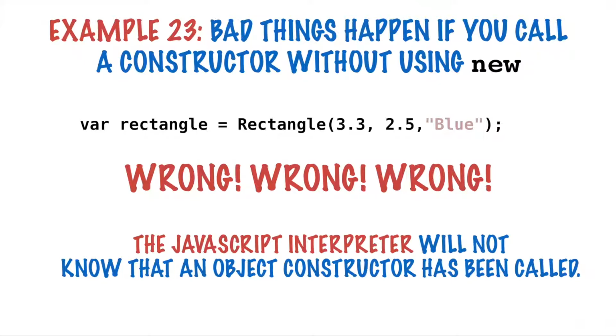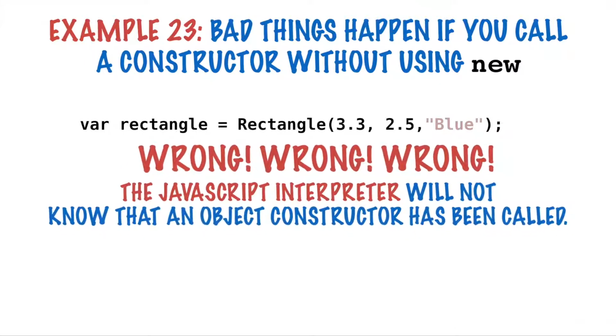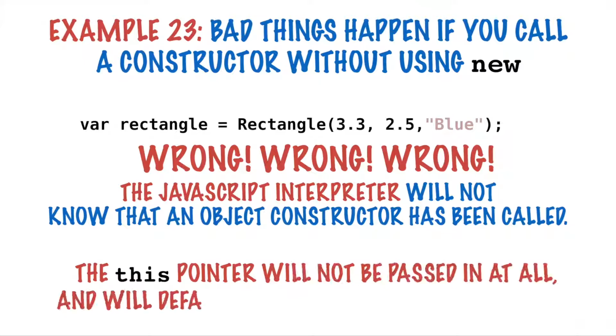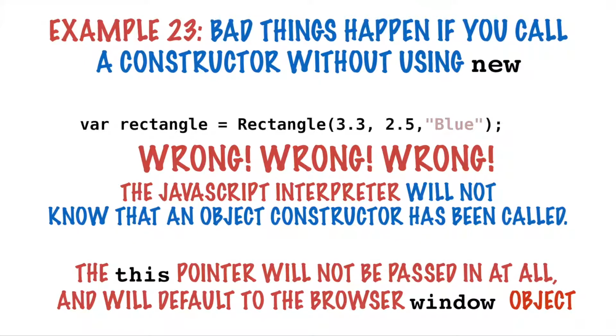We assumed that this exists and is used in constructing the object, and it has been passed into the object constructor. However, if the JavaScript interpreter does not know that this is an object constructor, it will simply forget to pass in this. The JavaScript interpreter will forget to create a this object and pass it in.